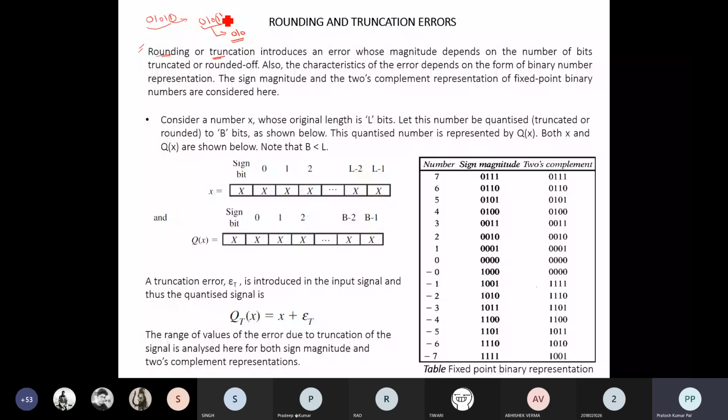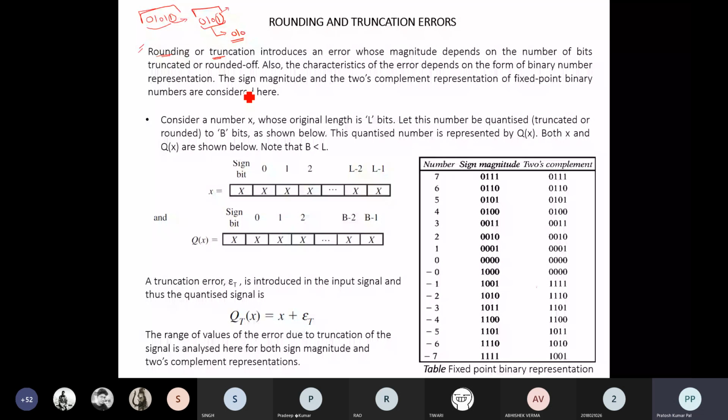Instead of 4-bit, it will be represented in 3-bit. These types of number representation relate to the representation of the coefficients of a filter. Basically in digital signal processing, we deal with the coefficients of the filter. So here rounding and truncation will introduce some error. We will see one by one how it is represented.